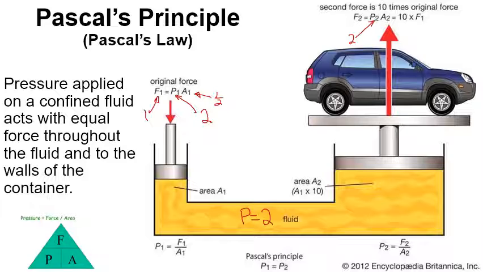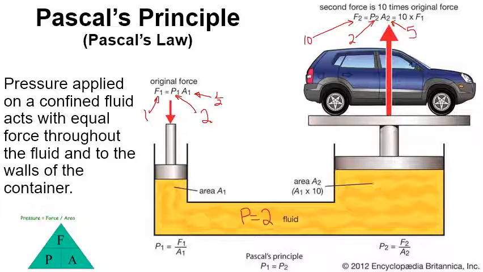So now we're told that the second force is 10 times as large as the original force. So the original force was 1, so our second force is going to be 10 times that, so it'll be 10. If our second force is 10, and the pressure is 2, then the area of the second one would be equal to 5.